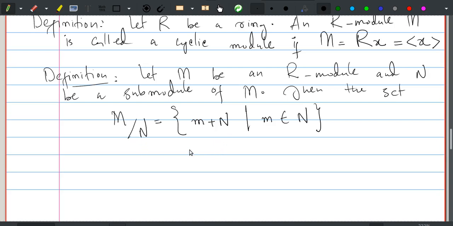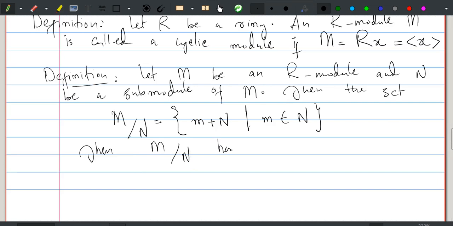Now this M mod N has a natural R module structure. Obviously M mod N is a group, the quotient group. It remains to prove that M mod N also has the scalar multiplication structure.